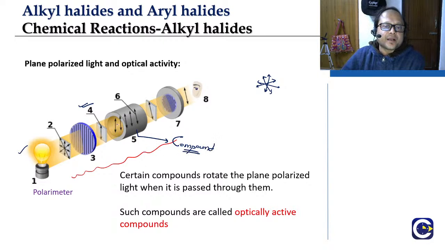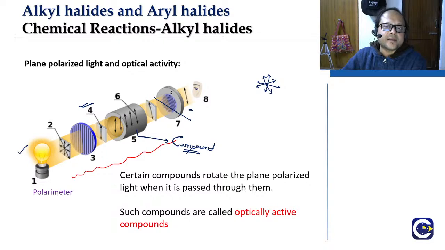So if this oscillation is obtained as it is over here, then nothing has polarized, right? The compound is, sorry, the compound is optically inactive. But if you see, it enters here like this and then it ends up tilted towards left here. If you take this as the standard, you see it should have been like this.